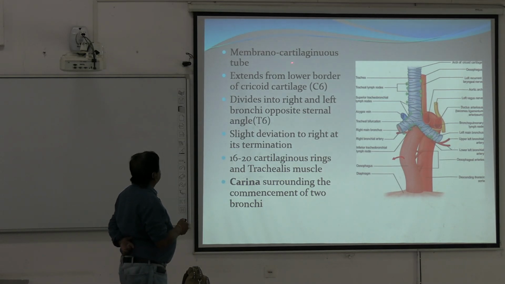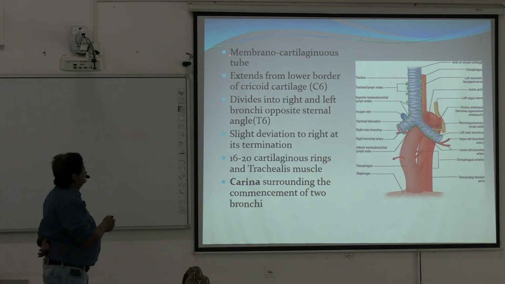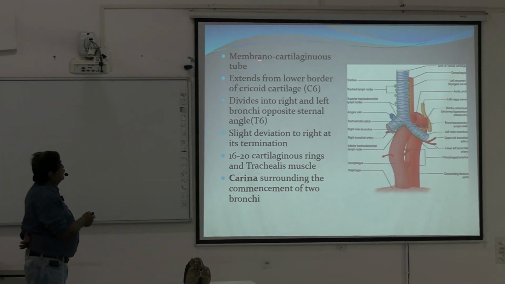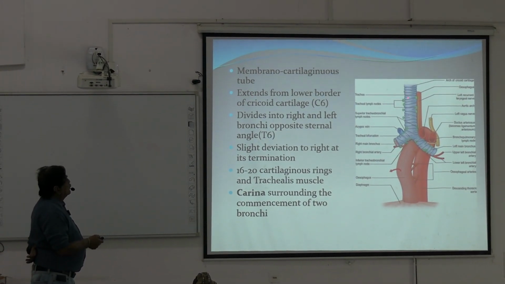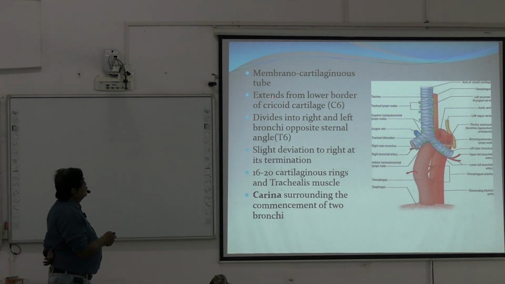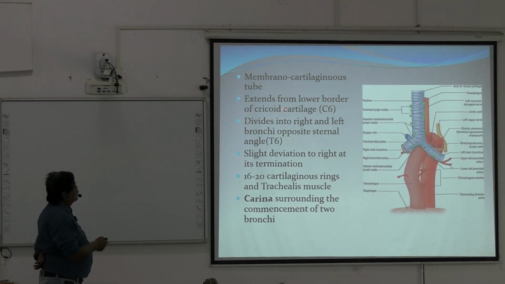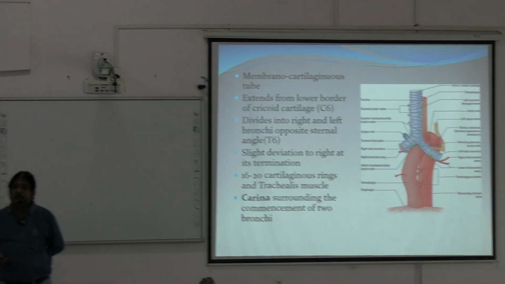Now, the trachea is described as the membrano-cartilaginous tube. The membranes and the cartilaginous tube extend from the lower border of the cricoid cartilage, C6, cervical 6, where it begins.